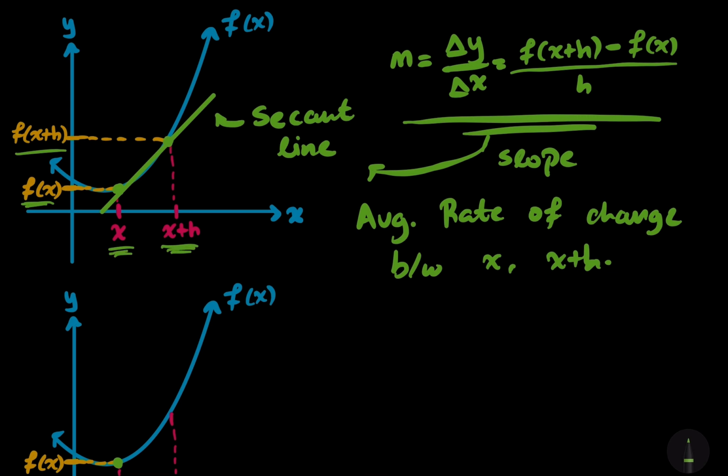And the coordinates of these points are x comma f of x, and x plus h comma f of x plus h. So we can figure out the slope of the secant line between these 2 points, and that gives us the average rate of change, or the average slope of the function between these 2 points.